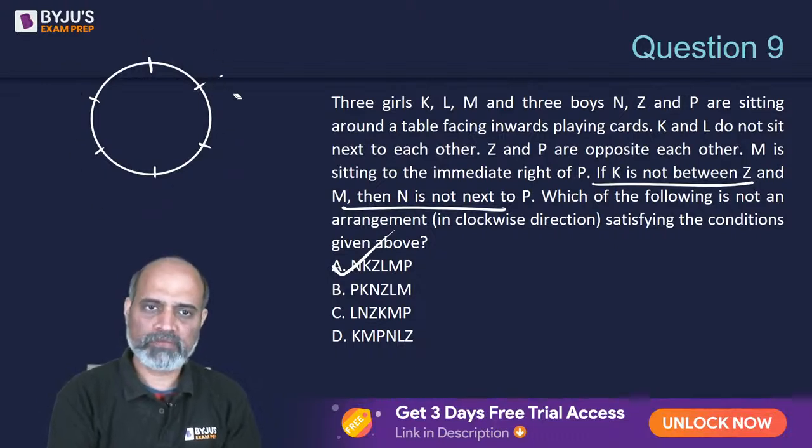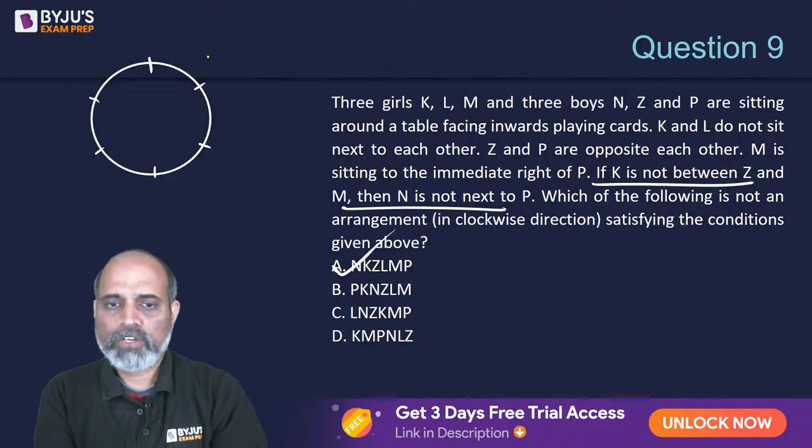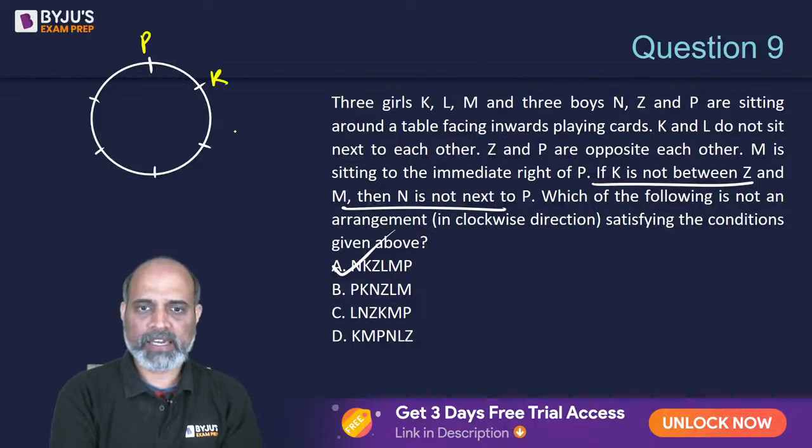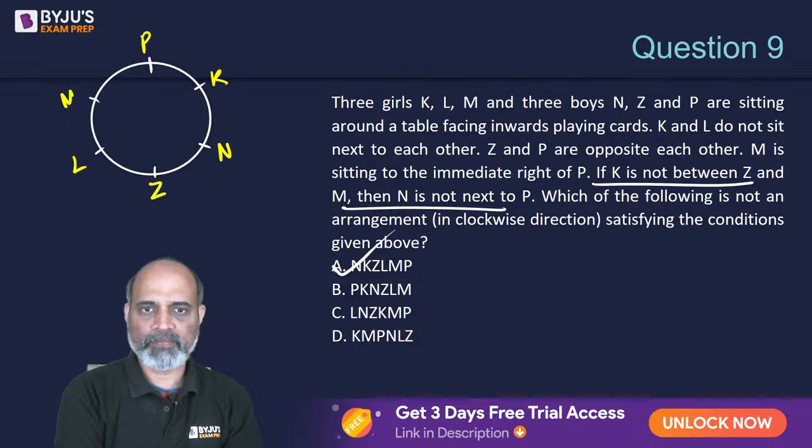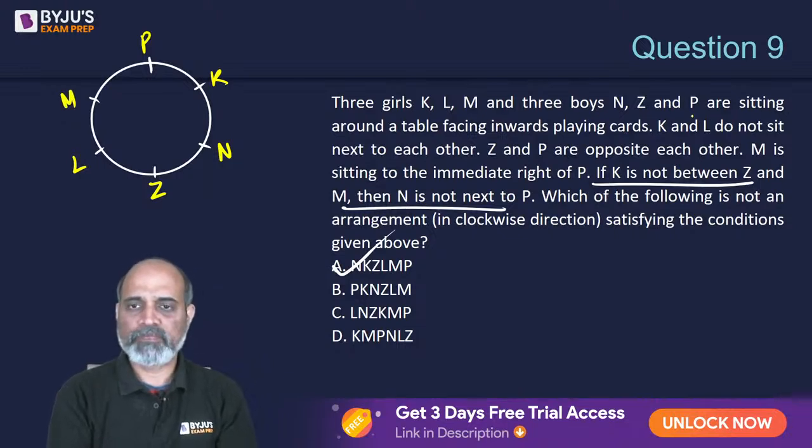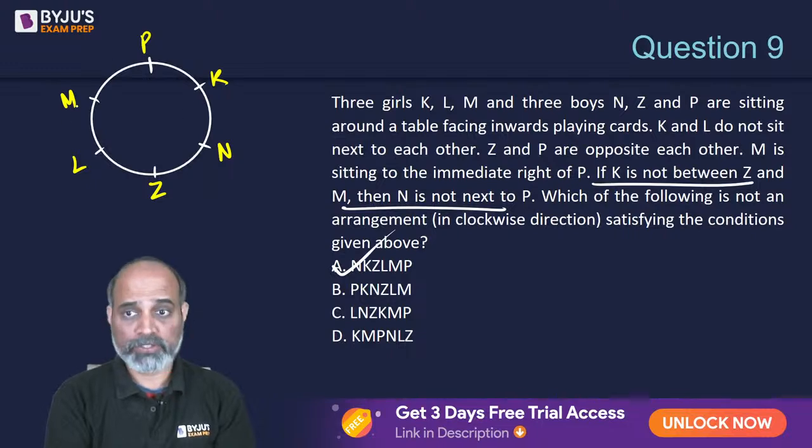Second option, let's check once. So we have P, K, N, Z, L and M. First condition, K and L do not sit together. True. Z and P are opposite to each other. True. M is sitting to the immediate right of P. That is also true.